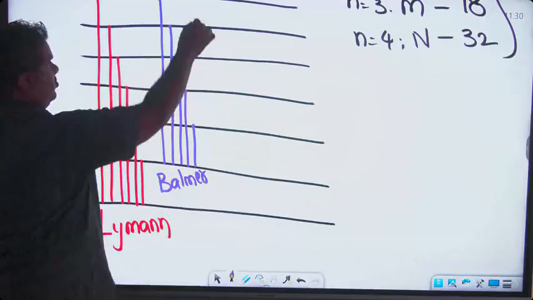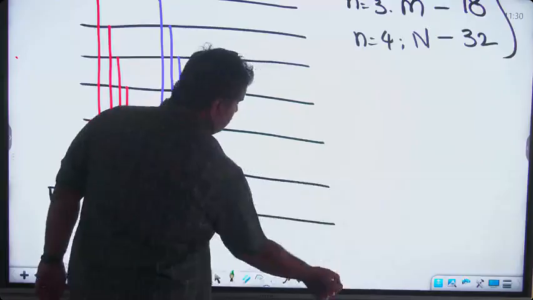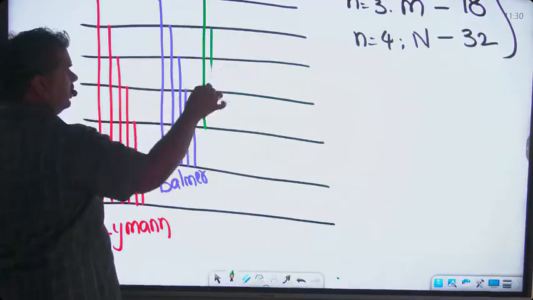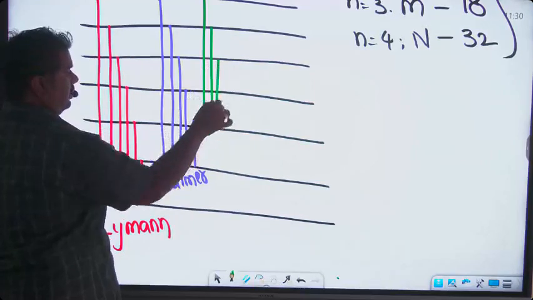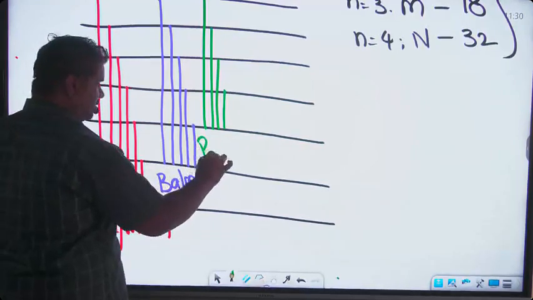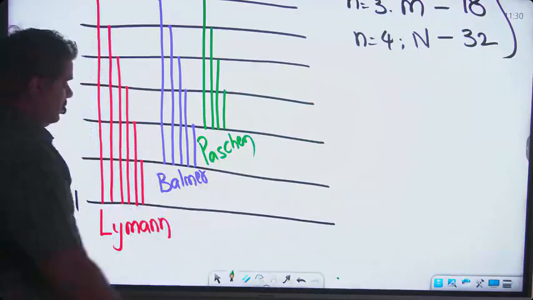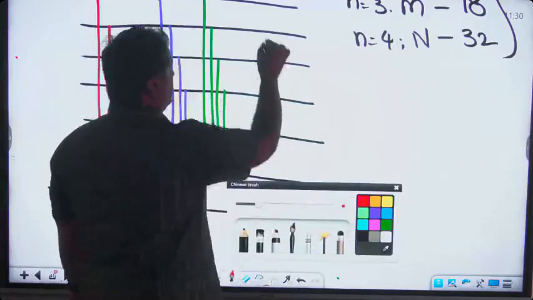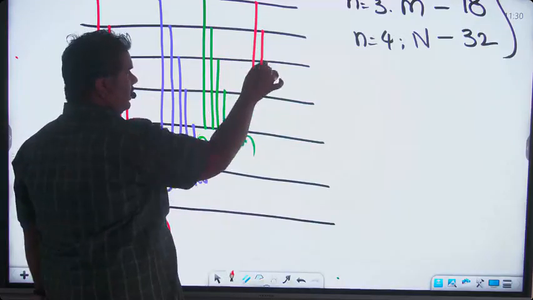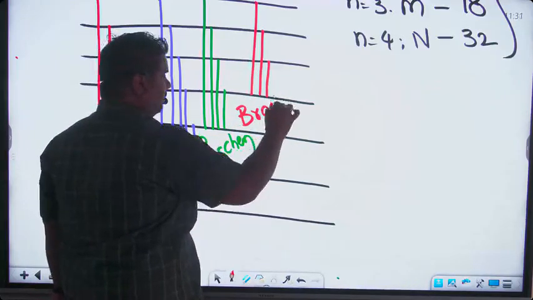Lyman, Balmer, and then suppose the electrons are moving from a higher energy level to the third energy level, this is known as the Paschen series. Whenever the electrons are moving from a higher energy level to the fourth energy level, this is known as the Brackett series.